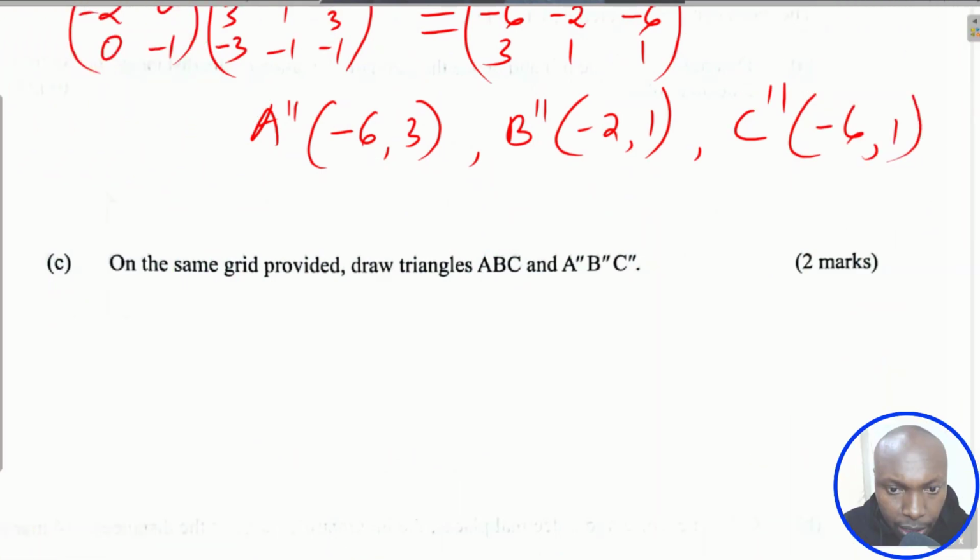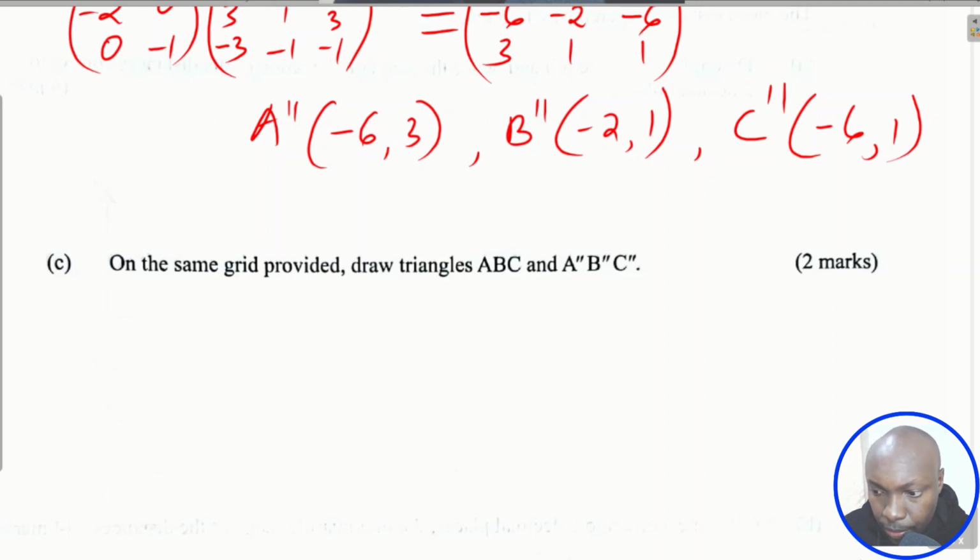On the same grid, draw triangles ABC and A double prime, B double prime, C double prime. Let me write these somewhere so that I can avoid copying. A double prime is -6, 3, B double prime is -2, 1, and C double prime is -6, 1.